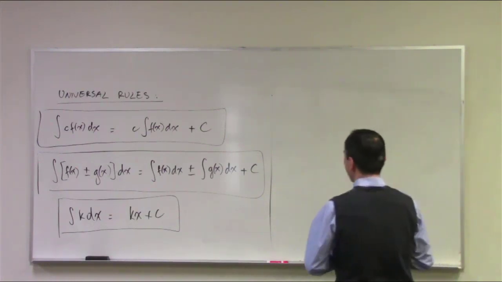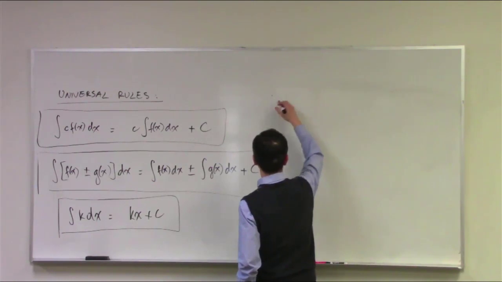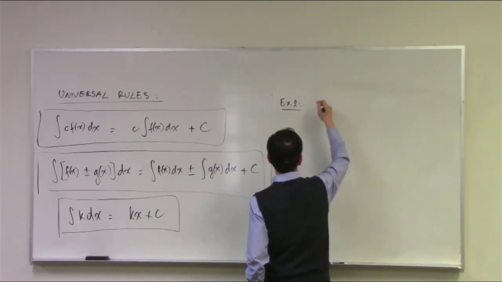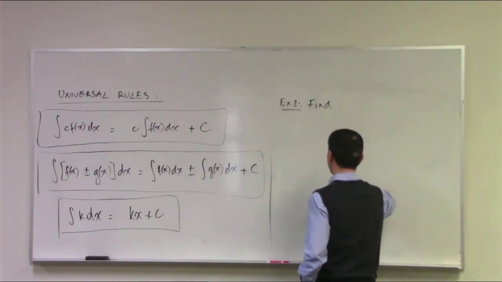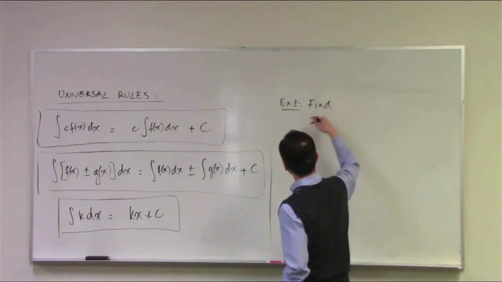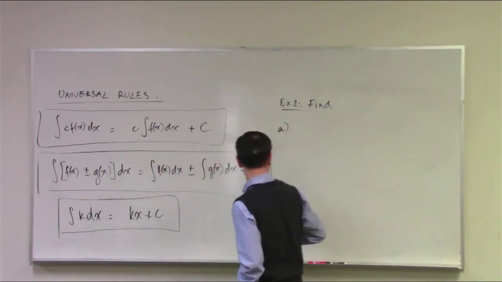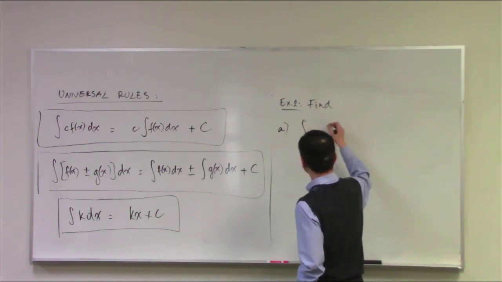So now we're going to put ourselves into more of a combined kind of problem here. Let's call it number two. Find, a very short instruction, and what we want to find here is part A. Find the antiderivative of this function.